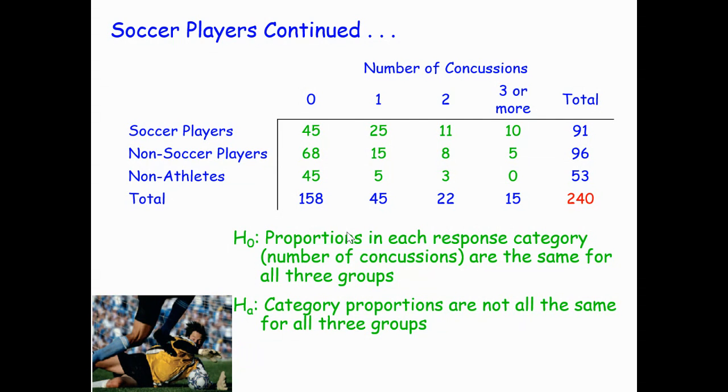Just a little side note, when I was going through this example, I was like, I don't see how soccer players could get more concussions than others. And then I started thinking, wait a minute, they're sliding around on the field, feet are flying and everything. Yeah, okay, I can see that. And they're not wearing many pads. It's not like football where you're surrounded by pads.